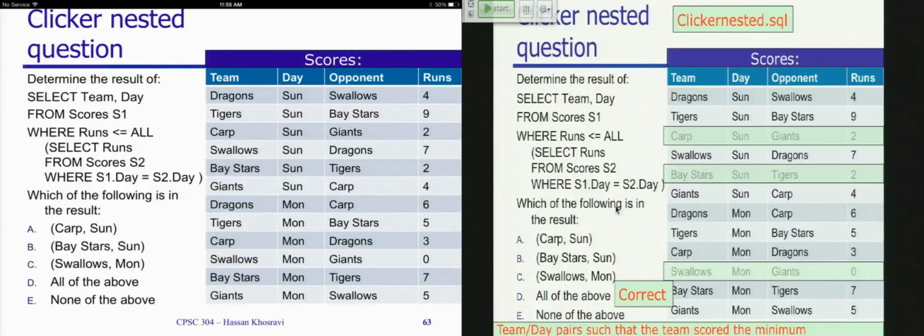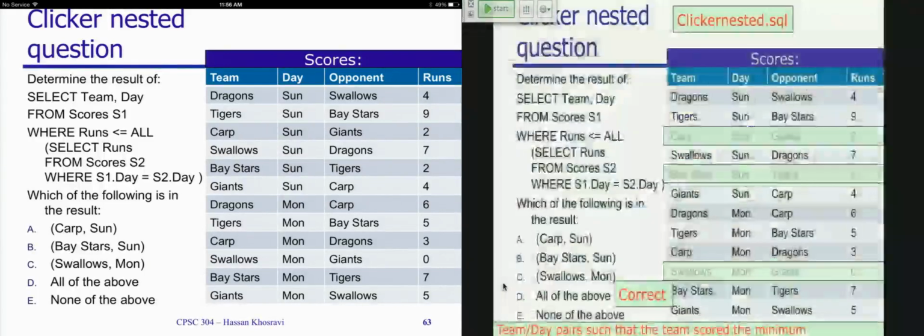So what is that actually doing? That query is looking at combinations of team-day pairs such that the team scored the minimum runs for that day. Right? So the minimum runs for Sunday was 2, so Carp and Baby Stars will be returned. And the minimum for Monday is 0, so Swallows will be returned.